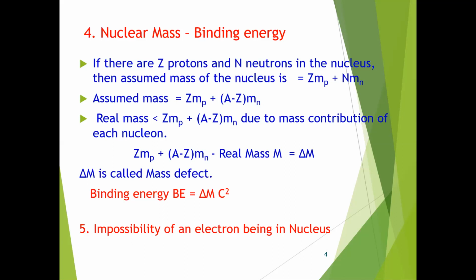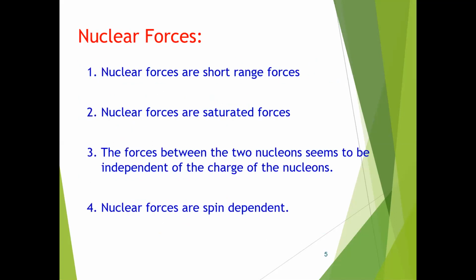Uncertainties in delta x and delta p are inherent in the physical world and have nothing to do with the skill of the observer. So if you calculate delta x and delta p, from this we can say that electrons cannot exist in the nucleus. Now we can come to the nuclear forces.